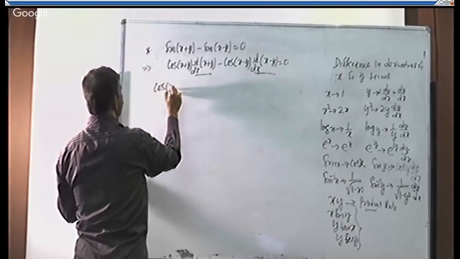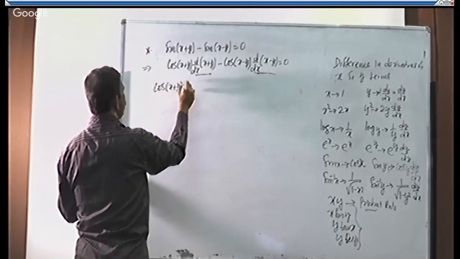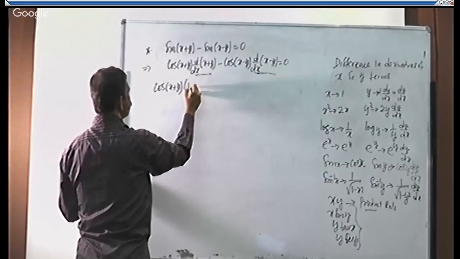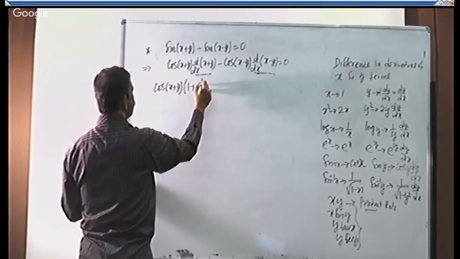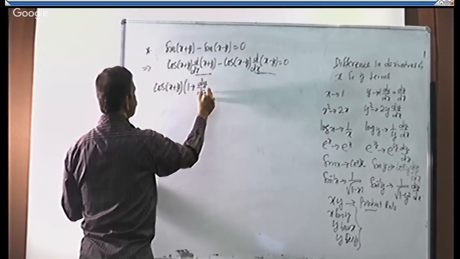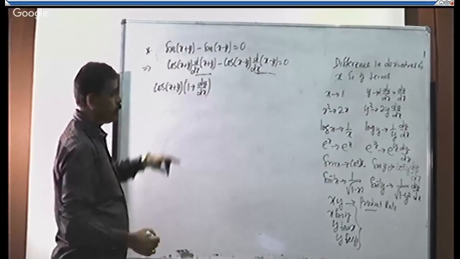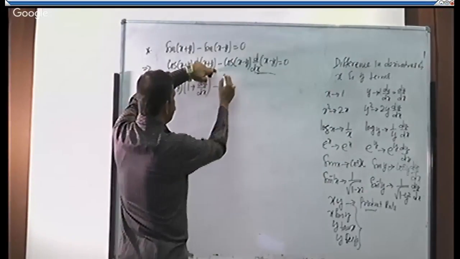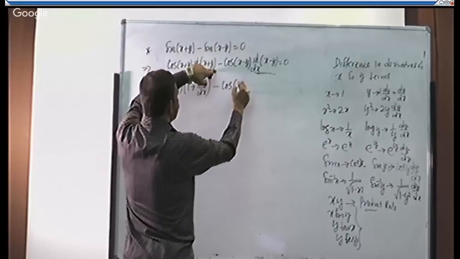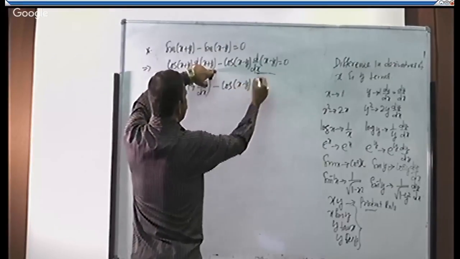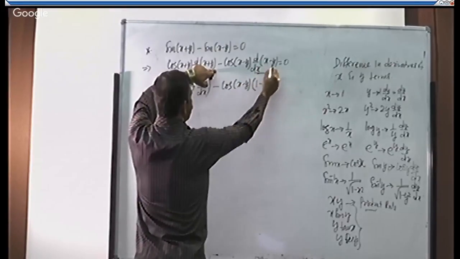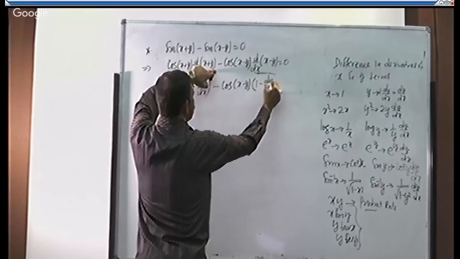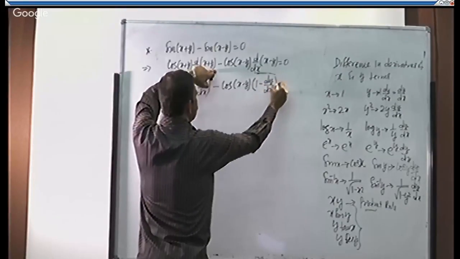Cos of x plus y into differentiation of x is 1 plus differentiation of y is dy by dx, right? Minus, keep this cos of x minus y as it is, into differentiation of x 1, differentiation of y is dy by dx, is equal to 0.